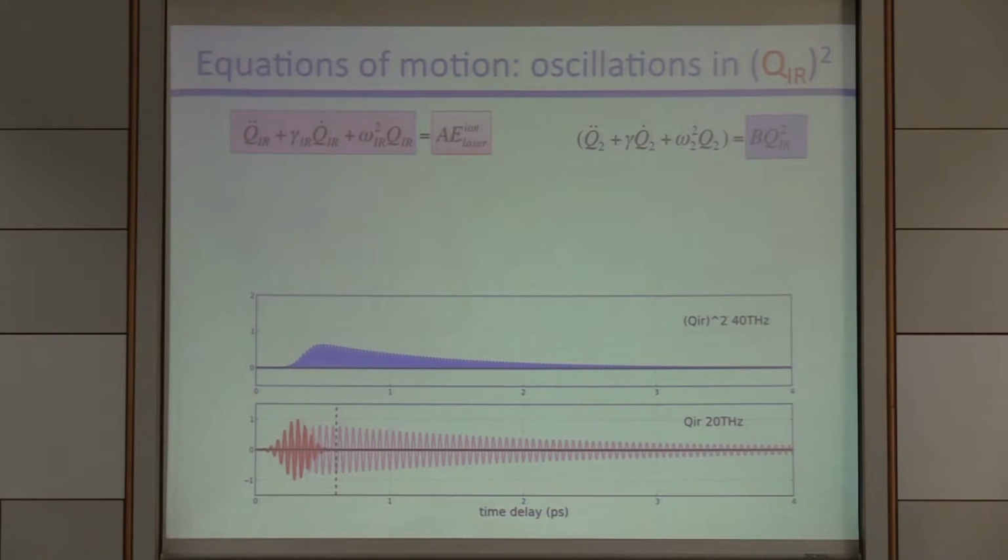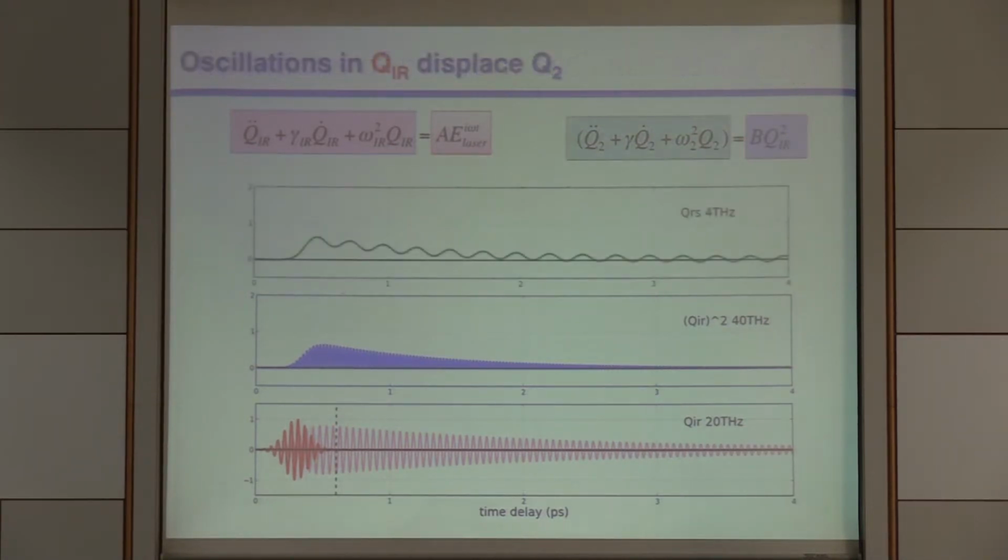So the Q2 mode will have two components of the force: a force at 2 omega, and a finite displacive force. This is because sine squared is (1 minus cosine 2 omega)/2. And so now the second mode will respond like so. It will be displaced and will ring for a while.